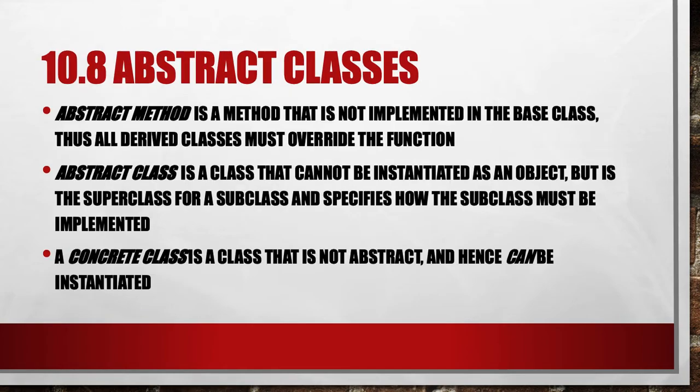10.8, abstract classes. An abstract method is a method that is not implemented in the base class, thus a derived class must override the function.